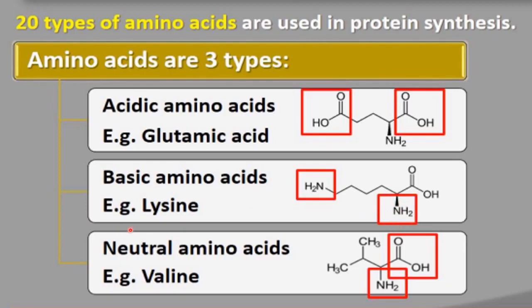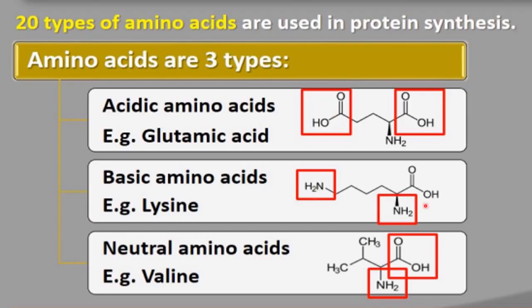The example is lysine. Here you can see in glutamic acid one extra carboxyl group is present. One carboxyl group will be there in any amino acid, but if an extra carboxyl group is present, that will be called an acidic amino acid. So glutamic acid is an example of that.